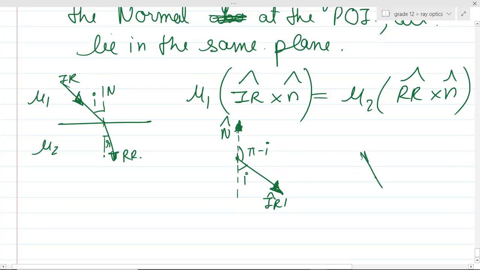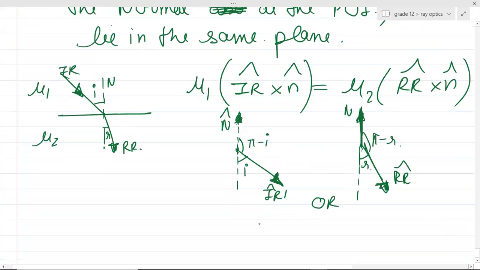And here, this is the refracted ray. And this is the normal. The angle between them is r. So this is pi minus r. You can take either this as normal or you can take that as the normal.